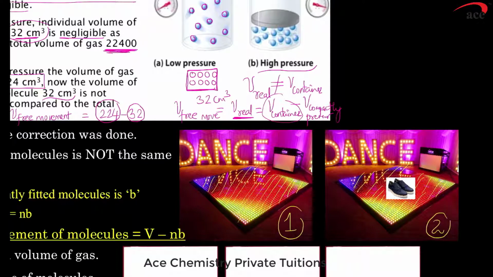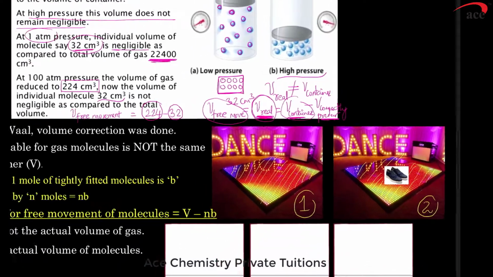Naturally, when the person is standing, the space available for him to dance will be the space on the dance floor minus the space on which he is standing. Same logic we are trying to say for a real gas here. So the volume available for real gas molecules to move is actually the volume of the container minus the volume occupied by compactly arranged molecules. So the dance floor example tells you that.